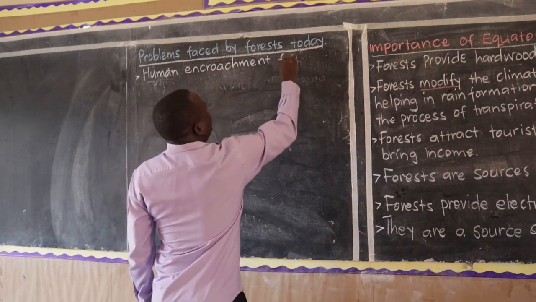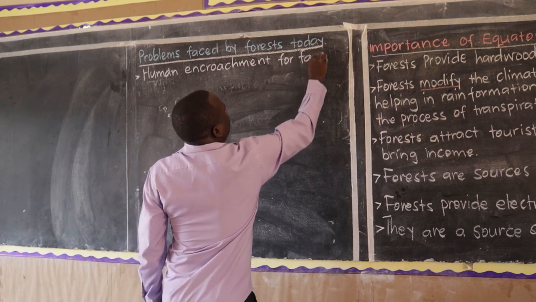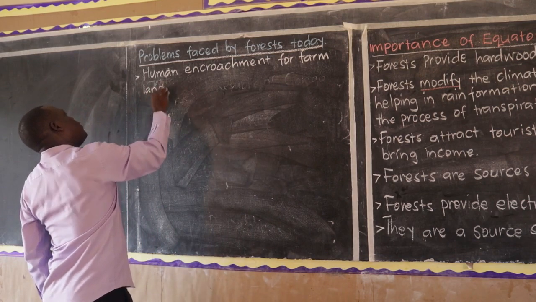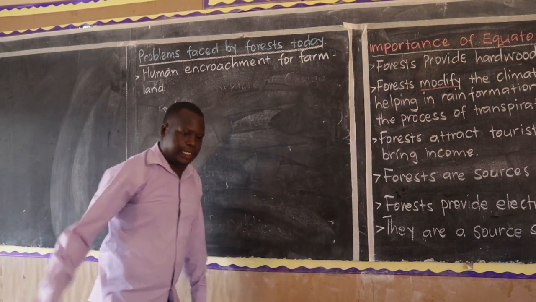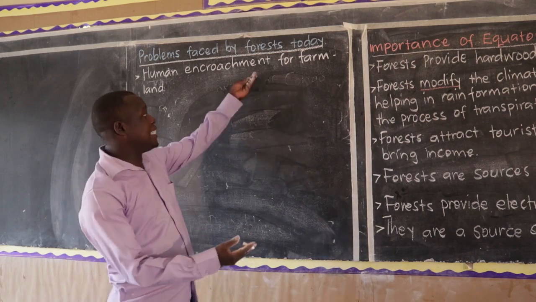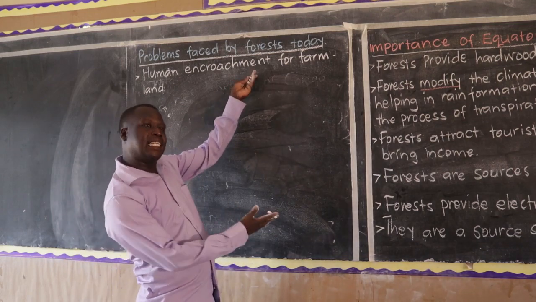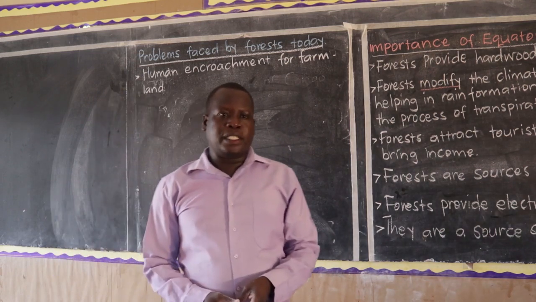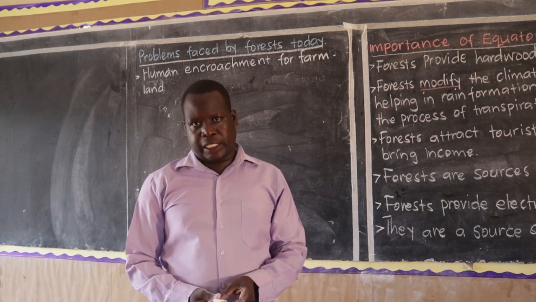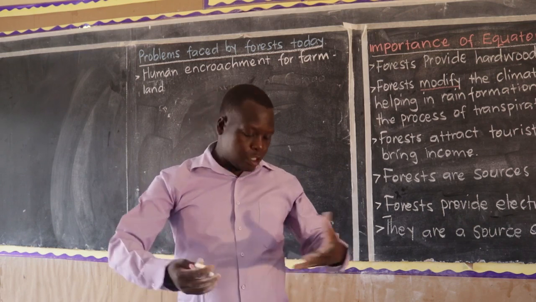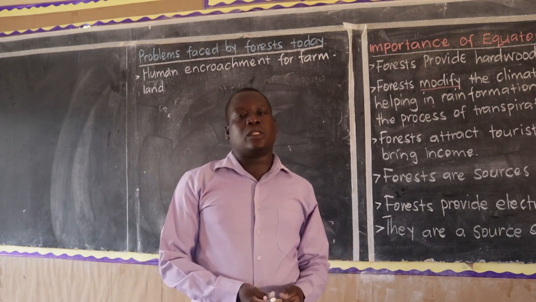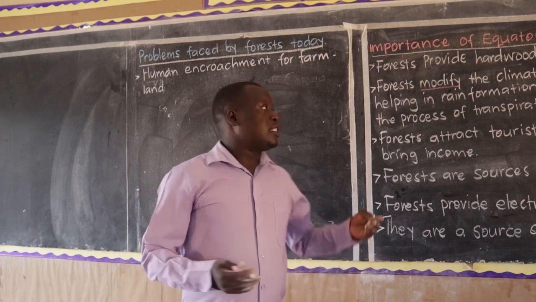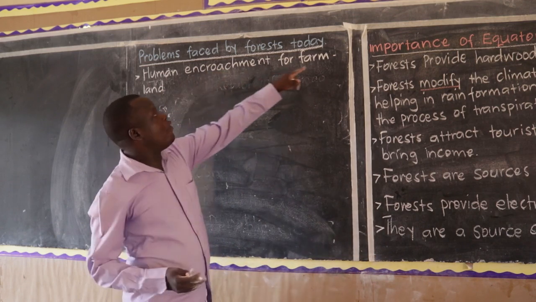Encroachment for farmland. People want to farm land. People want to get at least where to grow crops. So they go on cutting, they encroach, enter inside the forest. In the long run, the forests disappear. Example is our Great Mabira forest. It used to be a great forest, but as we see now, Mabira is no longer existing at large. Why? It is due to human encroachment for farmland.